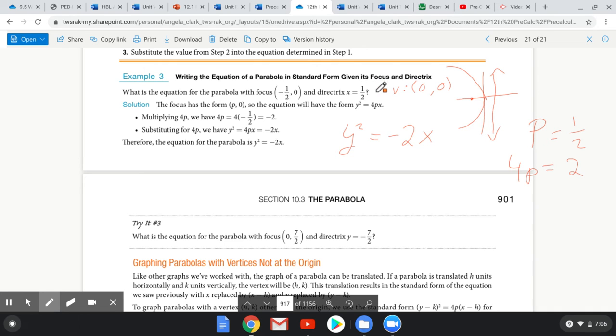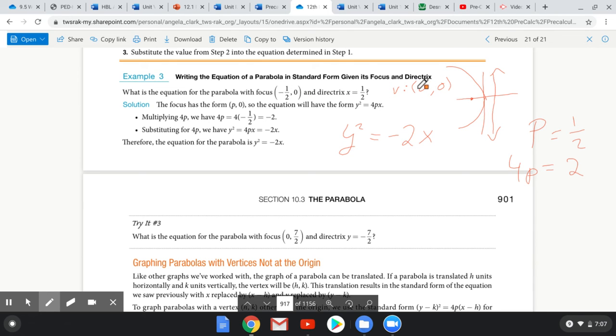Again, if you weren't centered at the origin, you'd have to actually find p, right? It wouldn't just be given to you. You'd have to find the distance from here to here, which would be fairly straightforward, right?